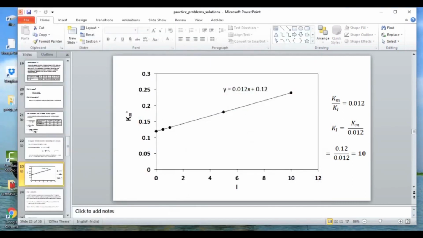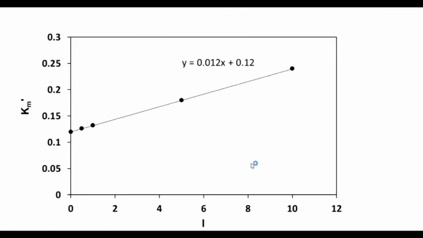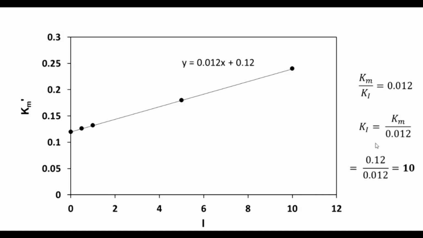That is what is shown here in this graph, the same graph copy pasted, Km dash versus I. So the slope Km by Ki is 0.012, and therefore Ki is nothing but Km by 0.012. We also know Km from the intercept to be 0.12. So 0.12 by 0.012 is 10. So the inhibition constant happens to be 10 millimolar.